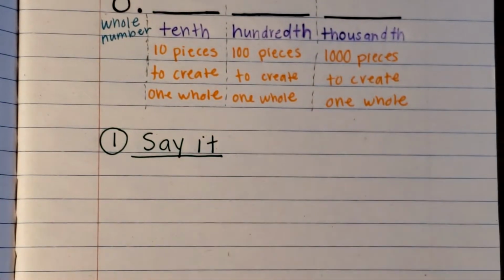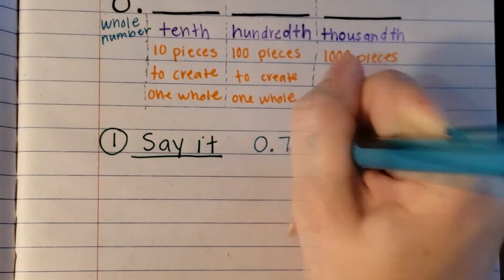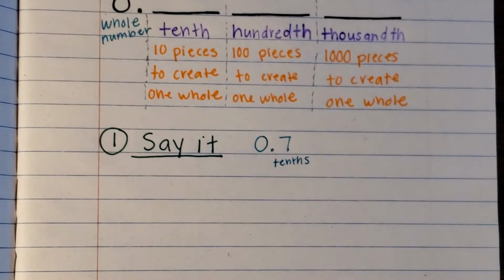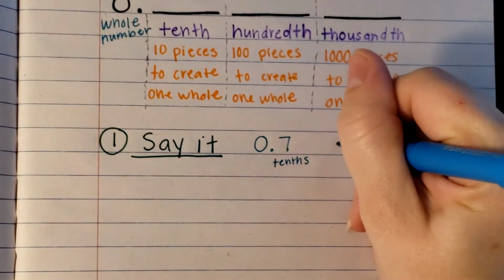Now that we reviewed place values, let's see how this is going to help us convert our decimals into fractions. There are 3 easy steps to follow. Say it, write it, simplify. For example, the first step, just say the number. Since the 7 is in the tenths place value, this number is 7 tenths.